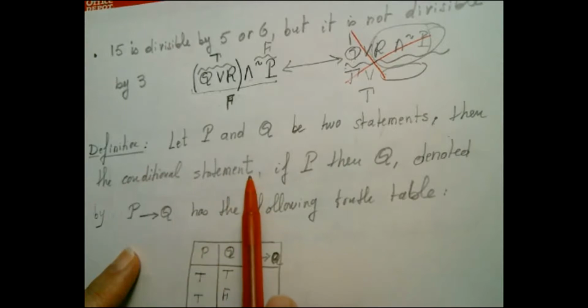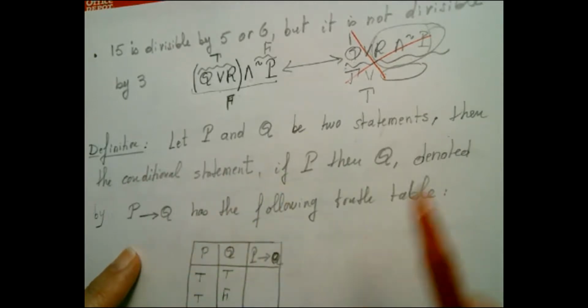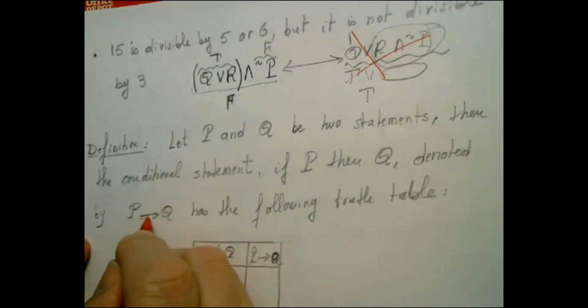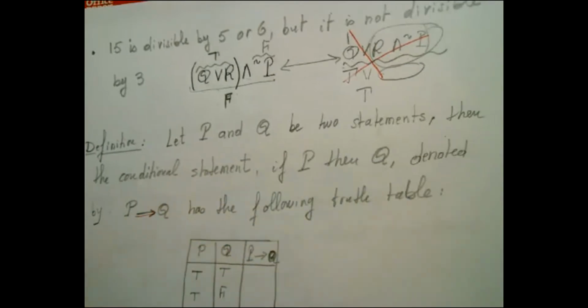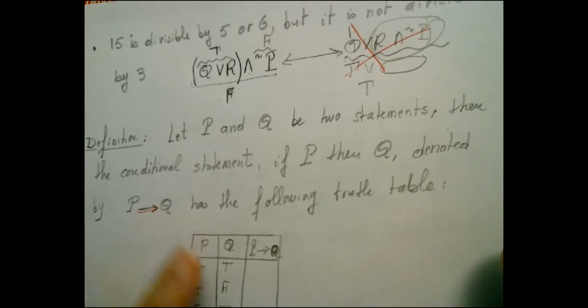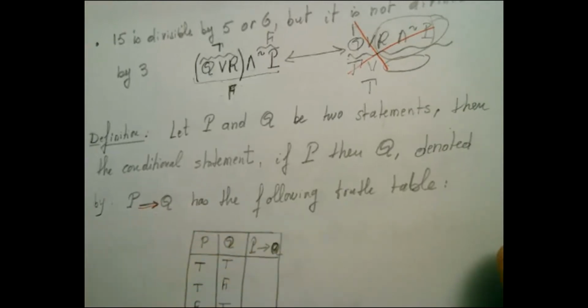Then the conditional statement, I read it very slowly in case you guys are writing, if P then Q, that's the notation we use. Sometimes the book is using two arrows. I don't really care. You can use one arrow. If P then Q has the following truth table.